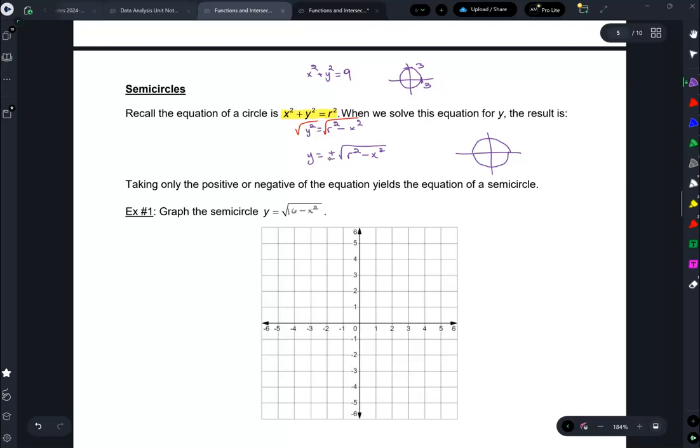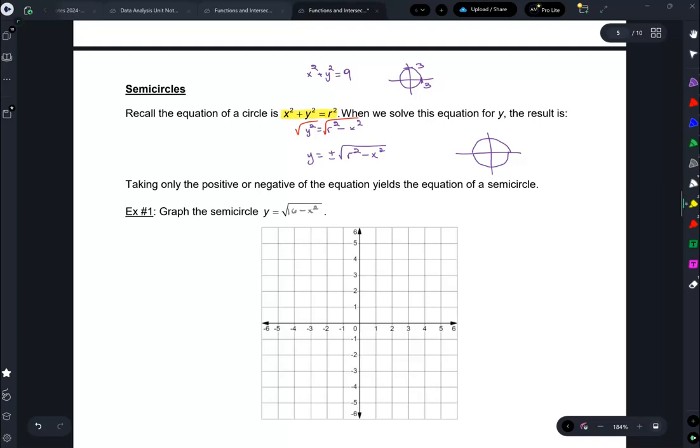This is one of those billboard problems. You're walking down the street, you see a billboard, and there is an equation: y equals the square root of a constant minus x squared, not plus, minus x squared. You know immediately that's a semicircle.